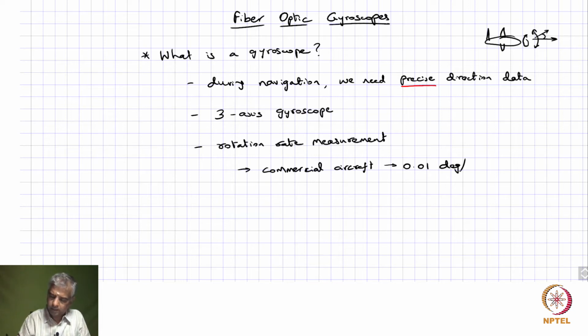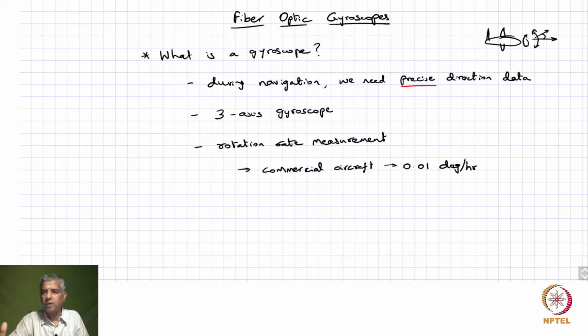0.01 degree per hour. So if you're talking about going from Chennai to Delhi, for example, you would need to have that sort of precision in your direction, so that you can take a very specific flight path and get to your destination.